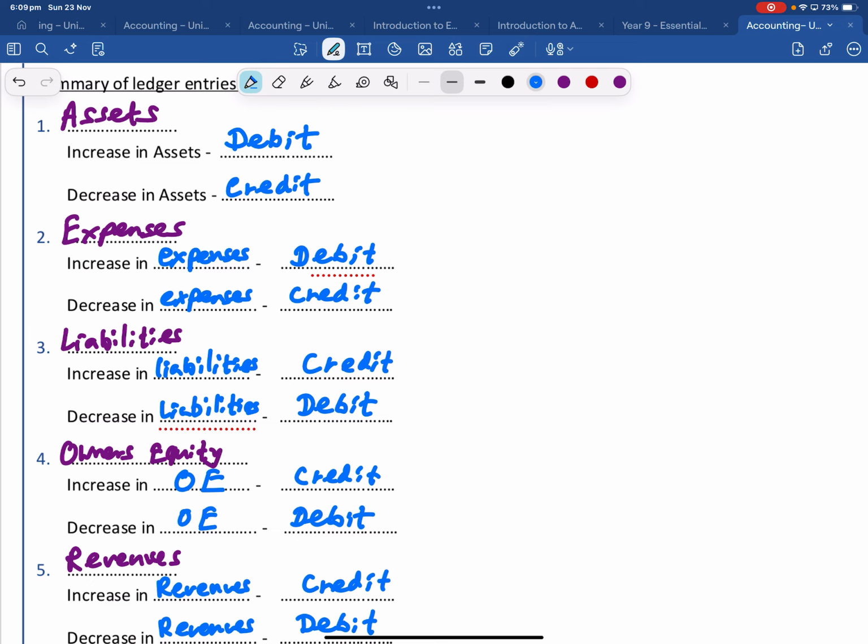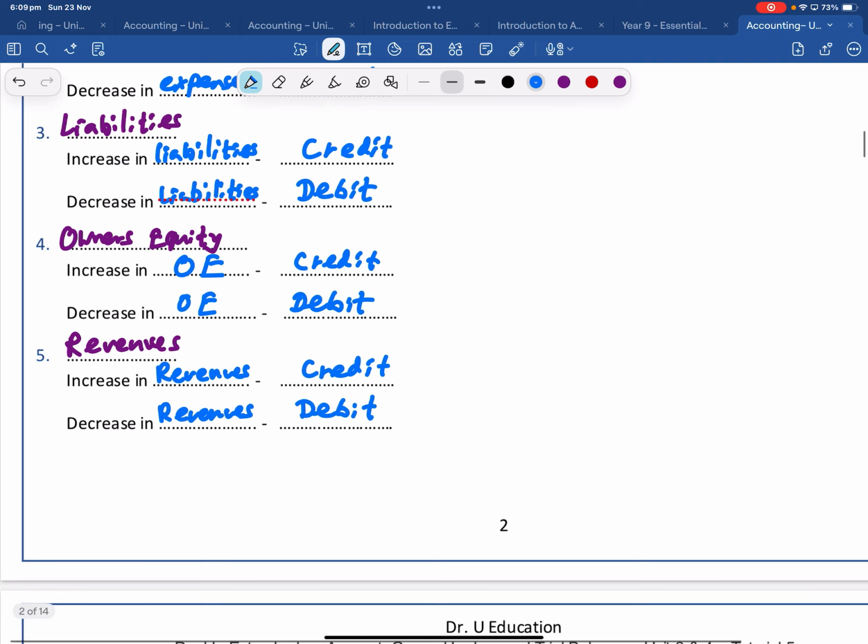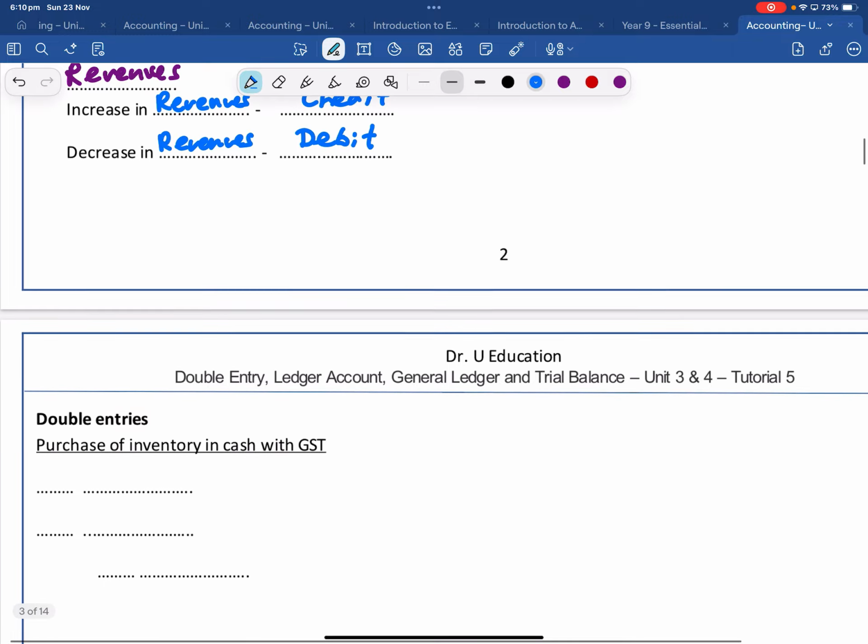I can't get the logic. Oh, really? We'll see. Money going out. It's like when the asset is coming in, when money's coming in. So money's going out. Assets, cash, bank.